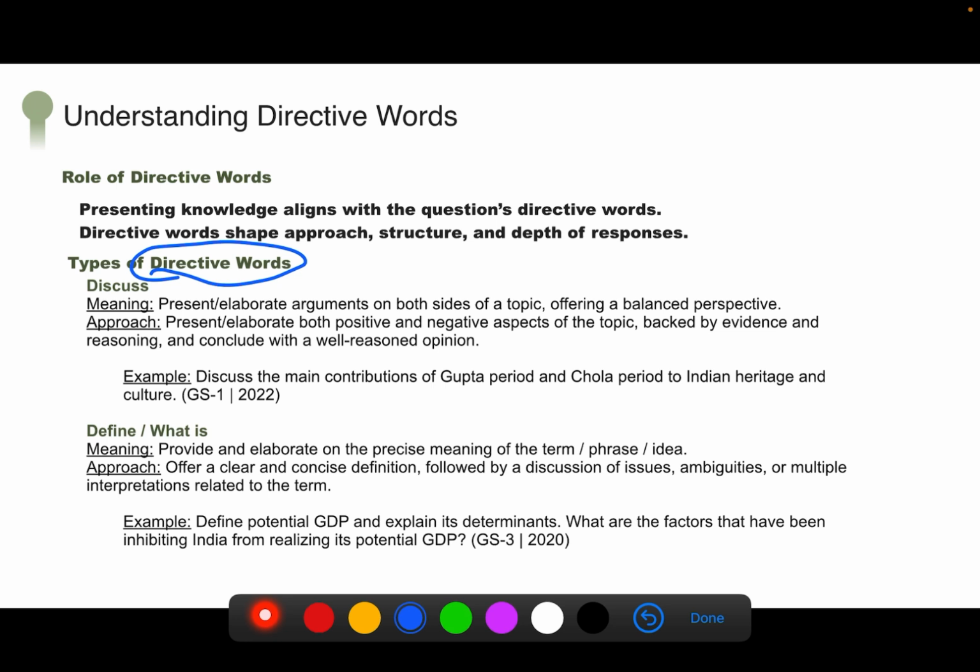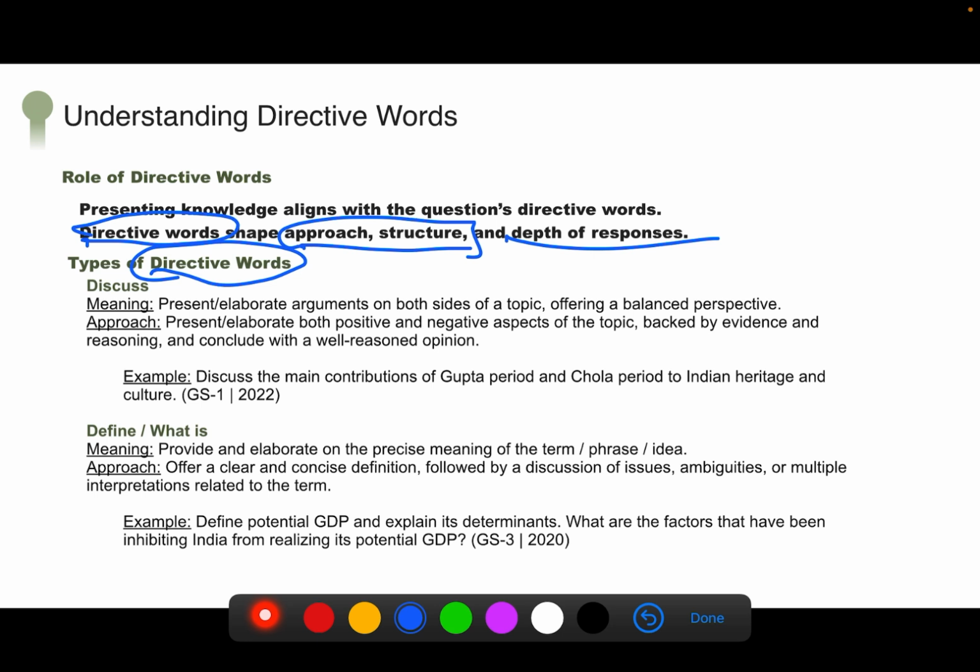These are called directive words and they form a guiding light for our answer writing. These directive words are crucial in how we structure and approach the answer. They are crucial in enhancing our answer writing skills, analytical ability, logical presentation, and finally, fetching great marks.